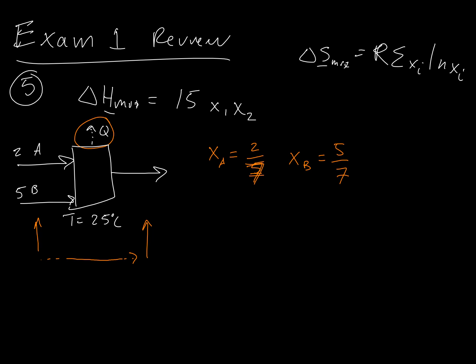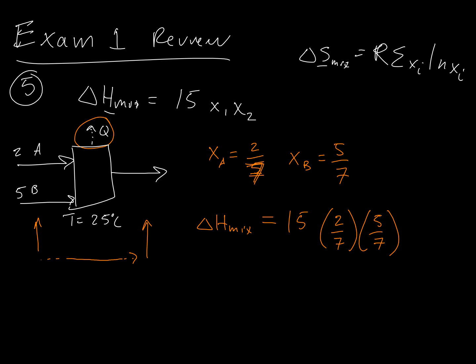The delta H of mixing term is totally symmetric, so it doesn't matter which is A or which is B. So our delta H of mixing is going to be equal to 15 times 2 over 7 times 5 over 7.